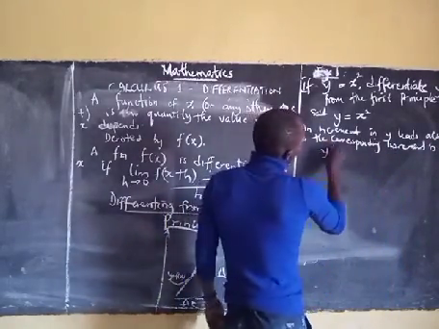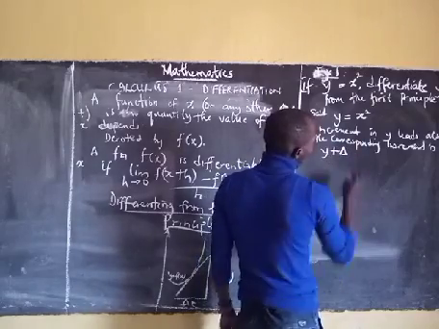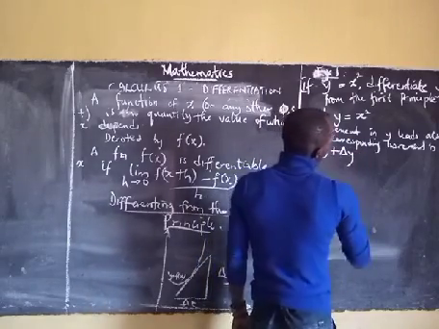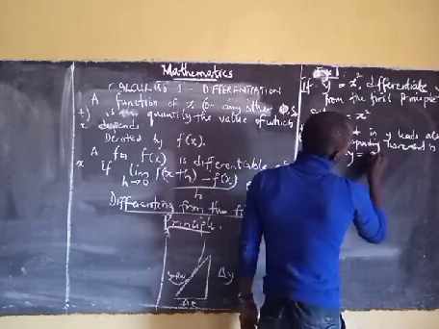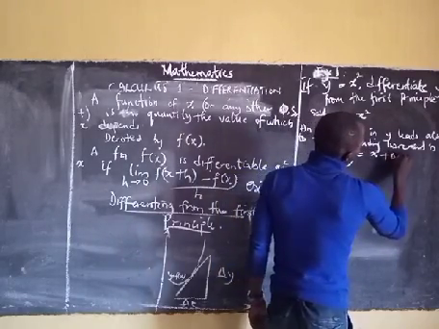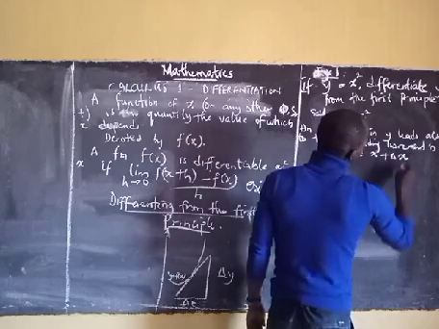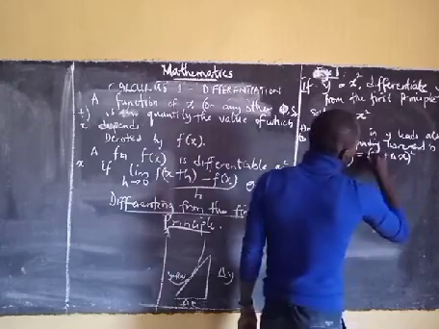That is, y plus change in y is equal to x plus change in x, all squared. Remember there's a square here.